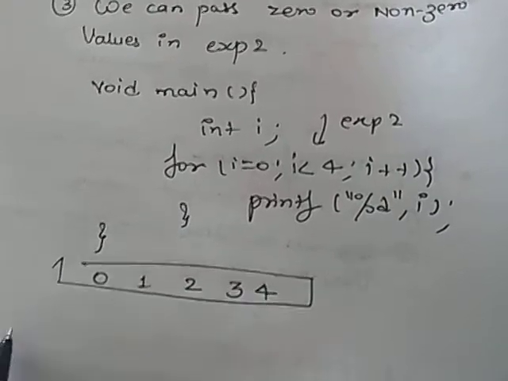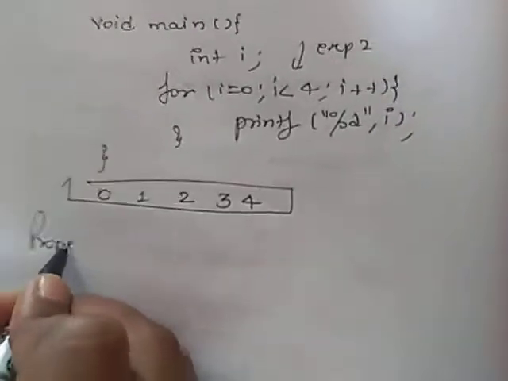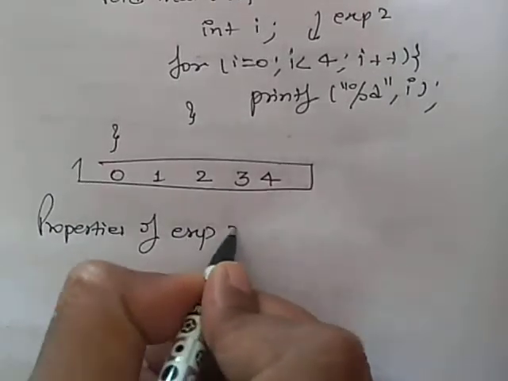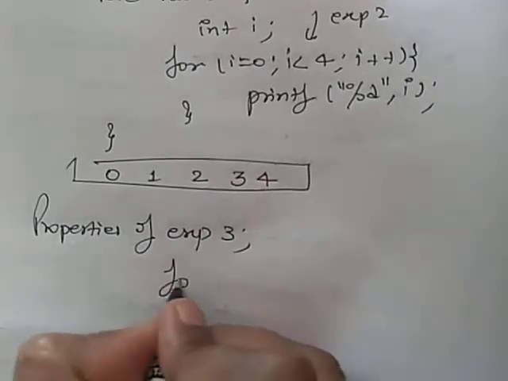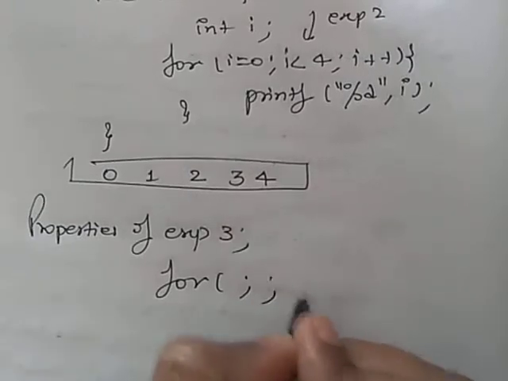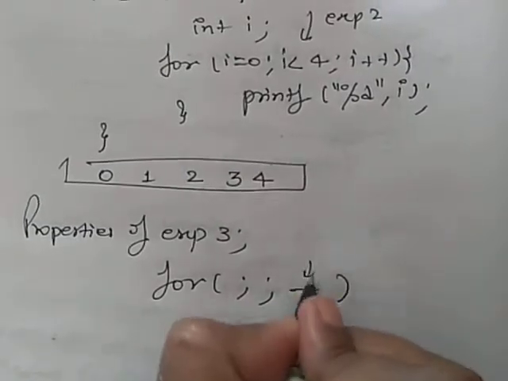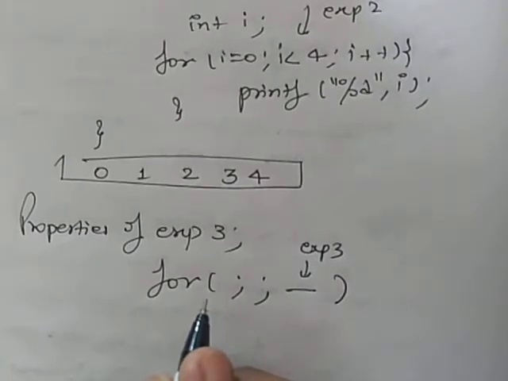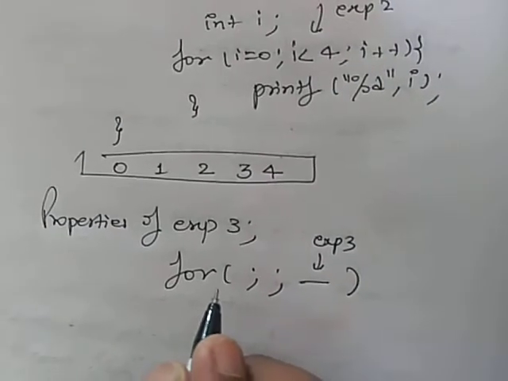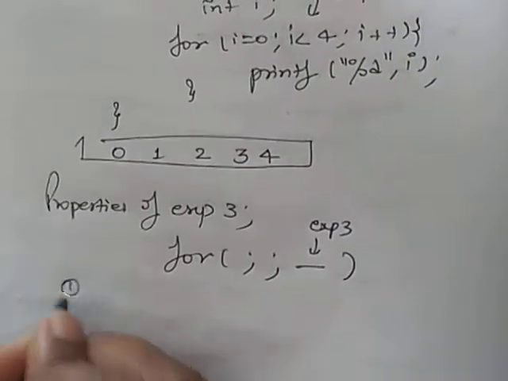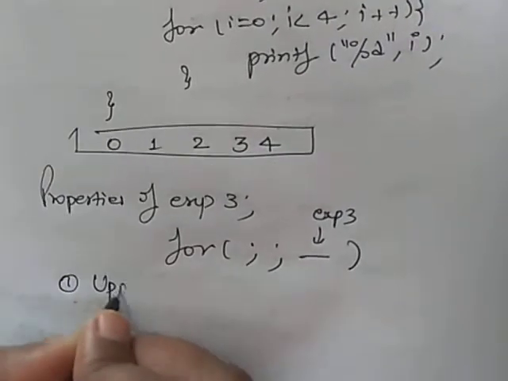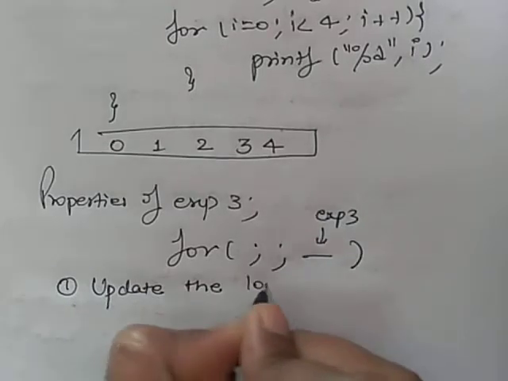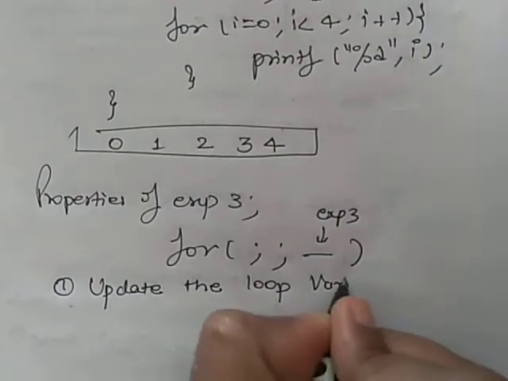Now the properties of expression 3. We have a for loop. So here we will use the expression 3. Now the expression 3 is used to update the loop variable.